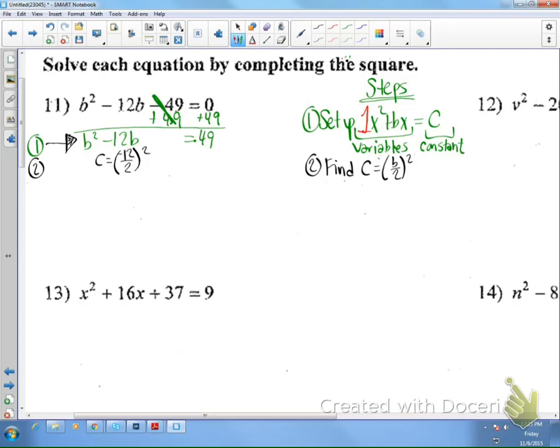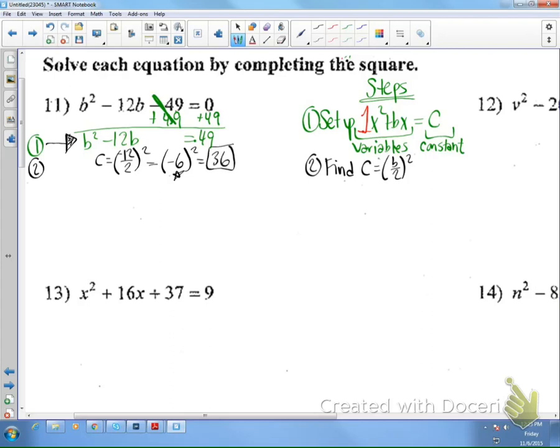Negative 12 divided by 2 all squared. And then we have to simplify, right? Negative 12 divided by 2, you don't need calculators for this. Negative 6. That's important. All squared. And that's simplified now, so I'm going to put a star because I'm going to use that number later. And it's 36. Excellent.